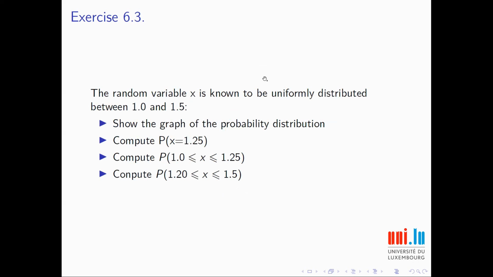Here, exercise number 3, which is a more serious task, and I think you have to pay real attention to it. In this exercise you have to compute the probabilities for random variables which are uniformly distributed and normally distributed.